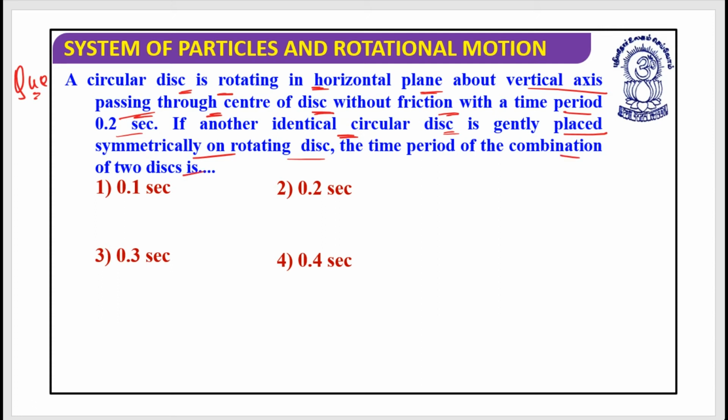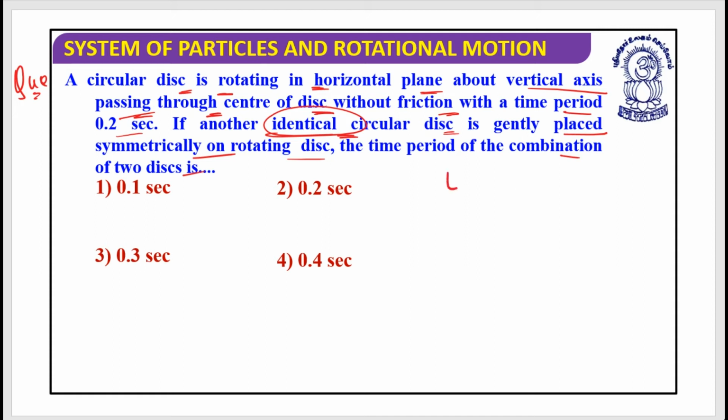One disk was already rotating with a time period of 0.2 seconds. Another identical disk, meaning the same moment of inertia, has been placed. What would be the time period of the combination? How could I do this?